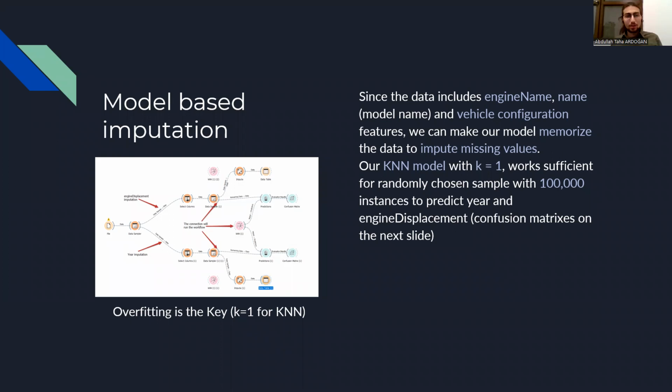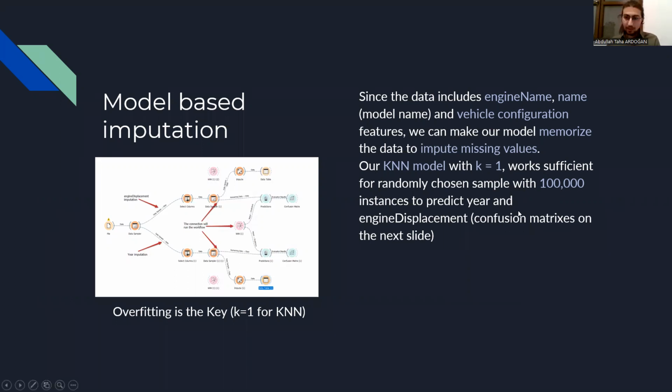If the data set has an engine name with an engine displacement value, it understands this name of the engine and uses this kind of value. For example, a Series 3 car has 2.0 liter engine displacement. It memorizes it and uses it for imputation. So we use the memorized model for imputation of the data.